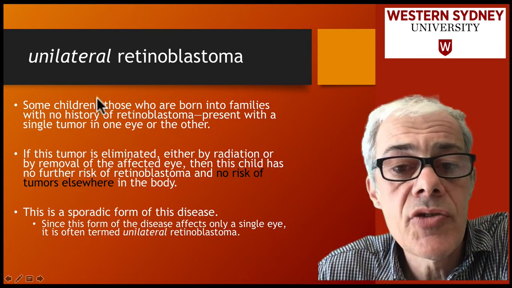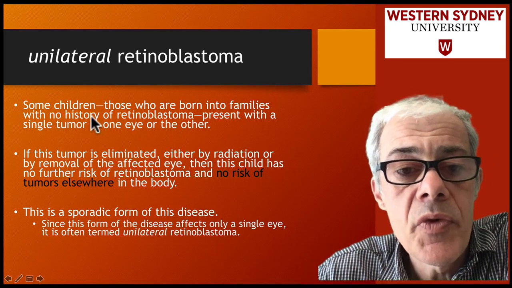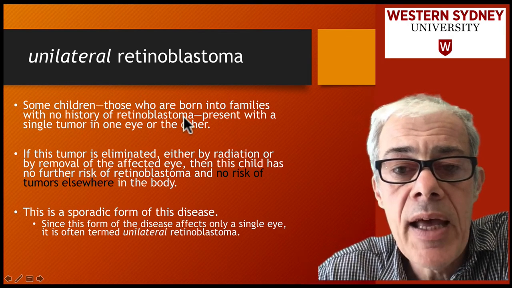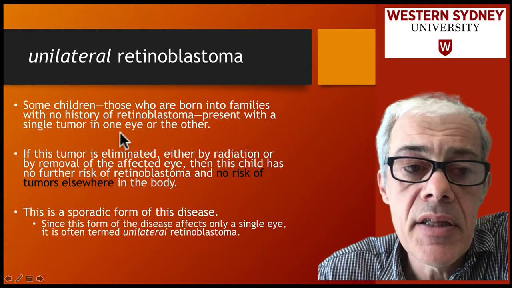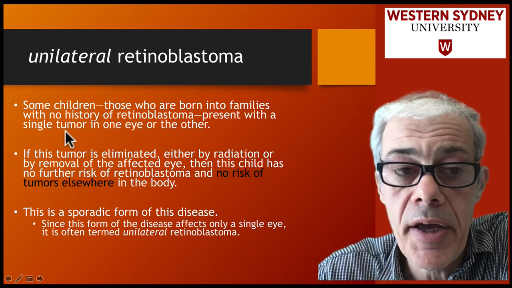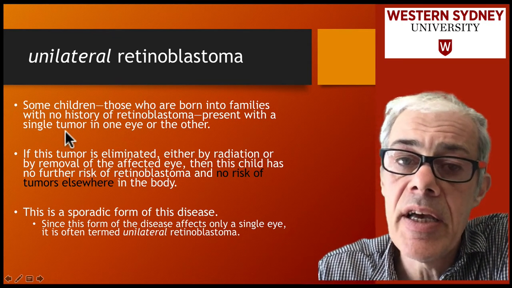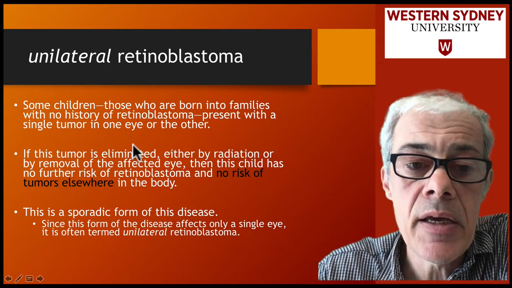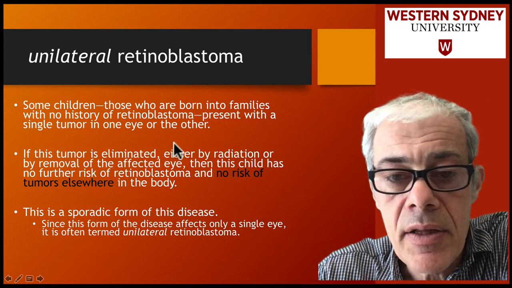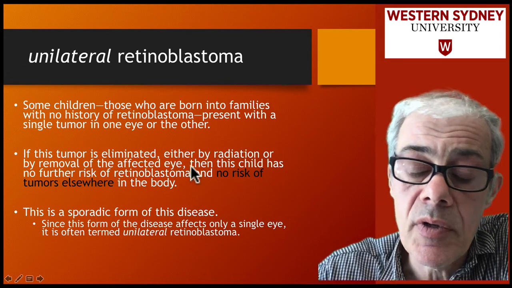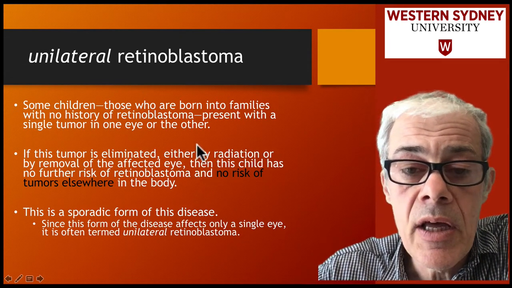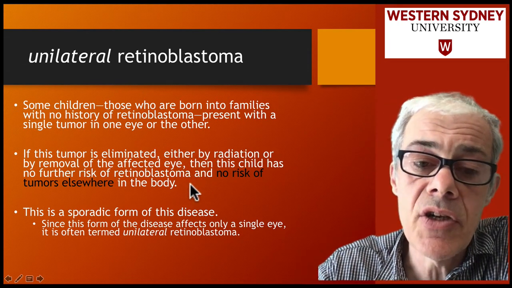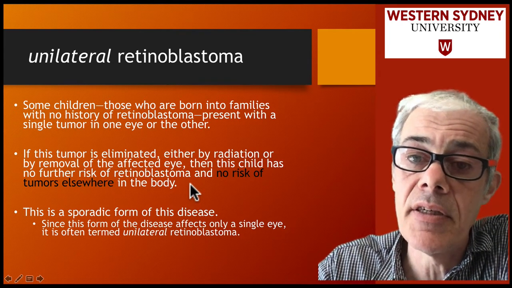Some children are born into families with no history of retinoblastoma, and in these cases the cancer is present in one eye. If you eliminate the cancer by radiation or removal of the eye, then that individual is at no risk of other cancers in the body.